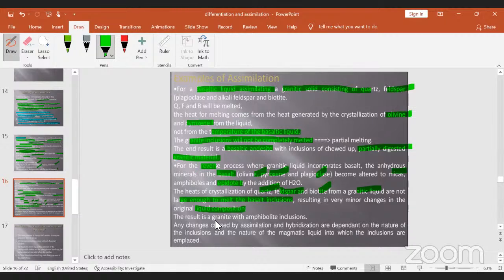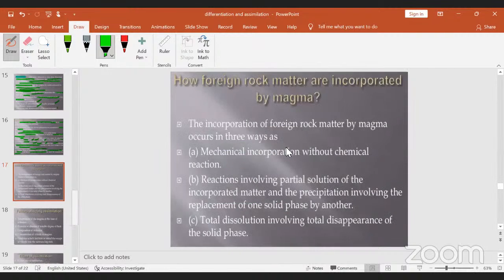So the result is a granite with amphibolic inclusions. Any changes caused by assimilation and hybridization depend on the nature of the inclusions and the nature of the magmatic liquid into which the inclusions are placed. So these are the examples of assimilation.